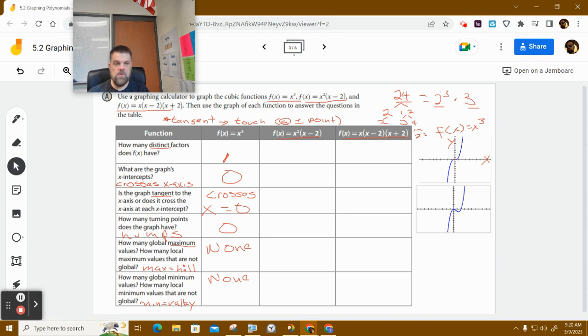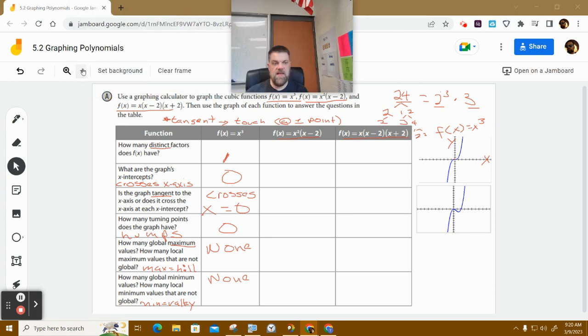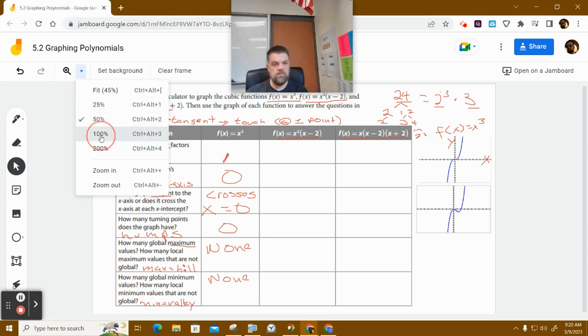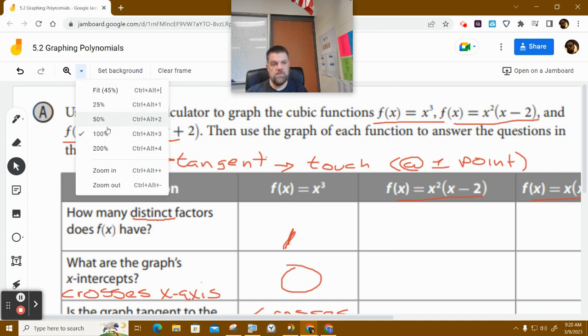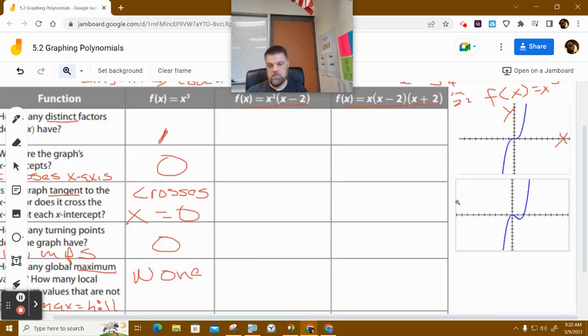All right, so now this one, I'm going to zoom in just a little bit so we can get that set up. Whoa, too much. So this is going to be f of x equals x squared times the quantity x minus 2. Now, if you were to expand that, that would just be x cubed minus 2x squared.